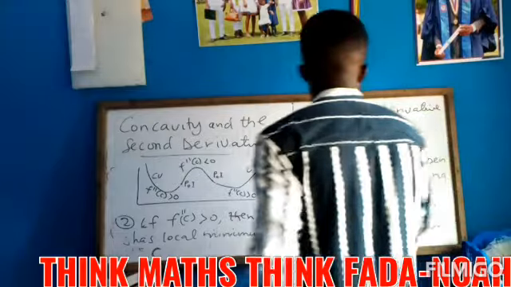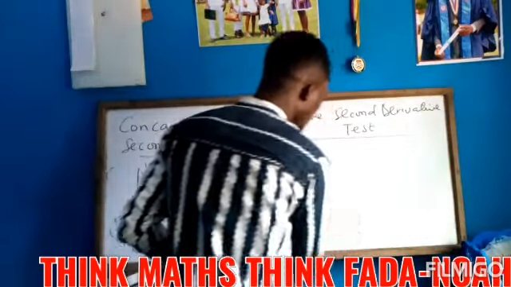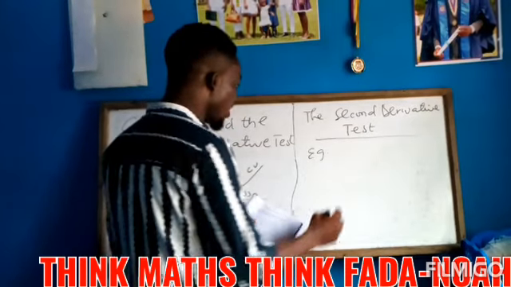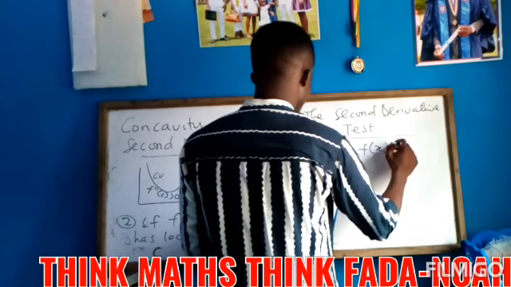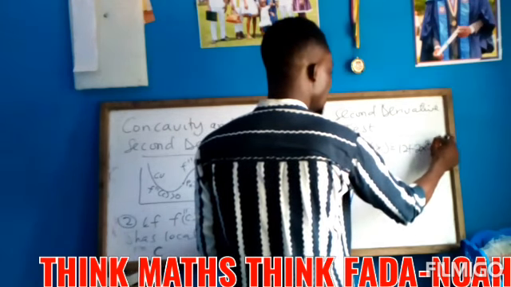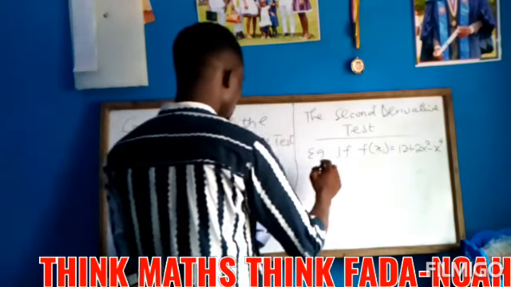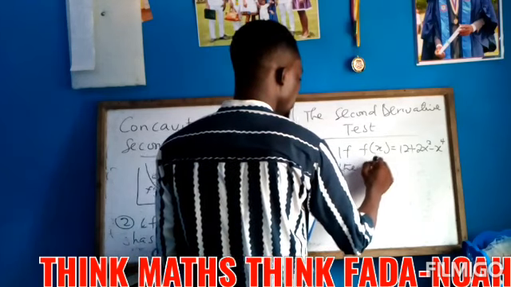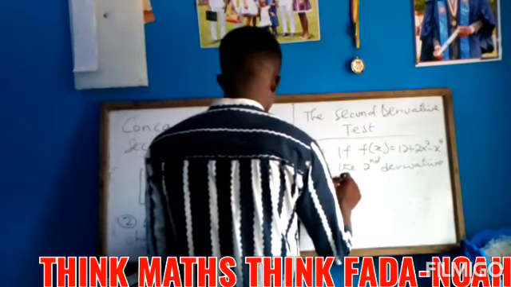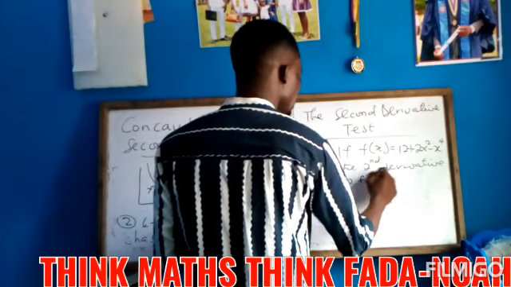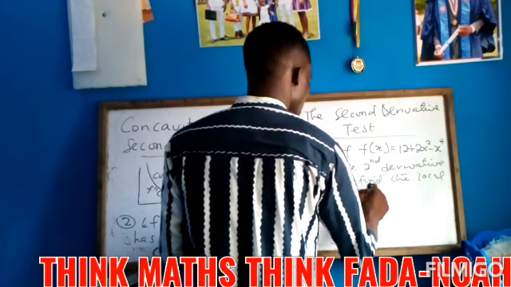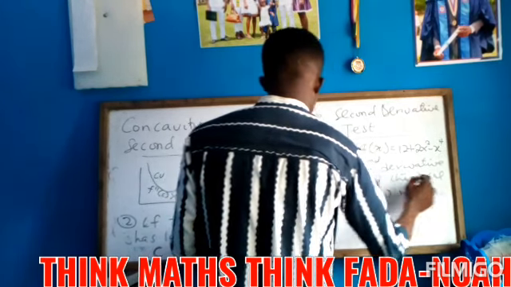For better understanding and clarification, we'll take an example. It says, if f of x is equal to 12 plus 2x squared minus x to the power 4, use the second derivative test to find the local maxima and minima of f.